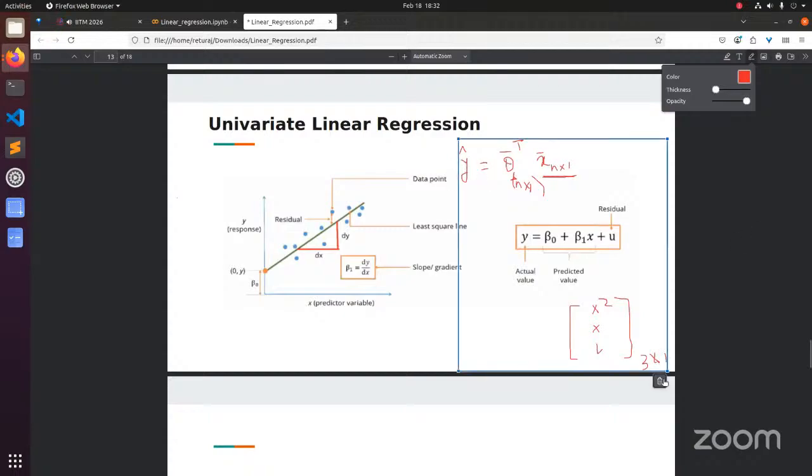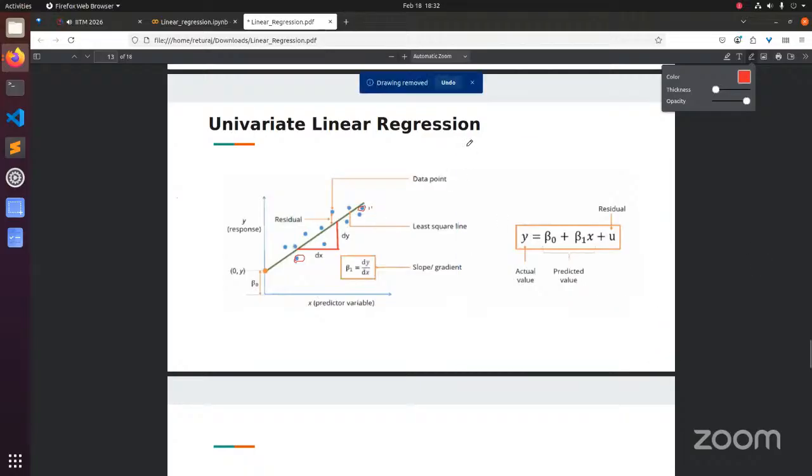Now let's write for all. This was for one particular data point, but we have n data points, say 11 data points. So let's write for all 11 data points.